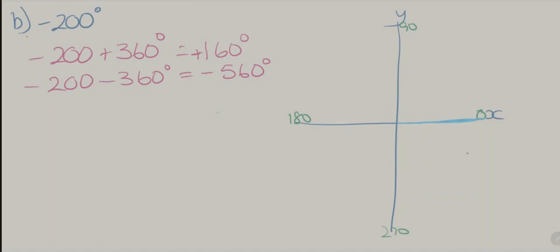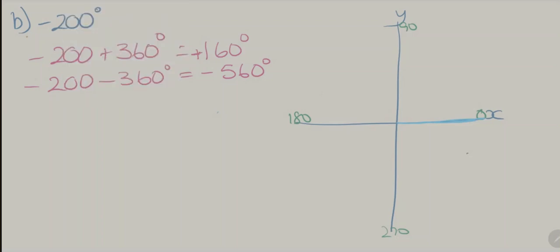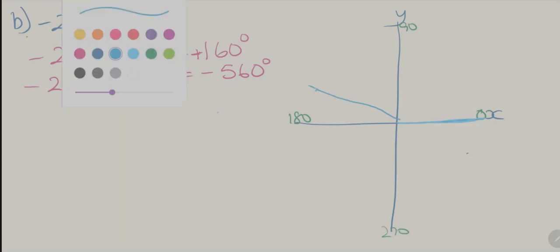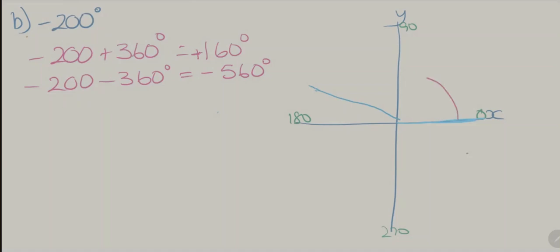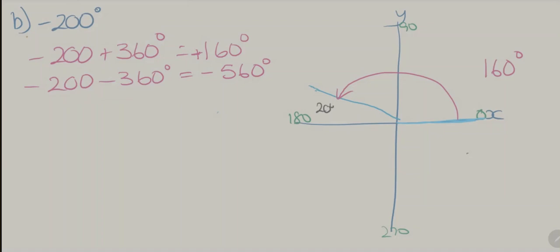So that's going to be 20 degrees short. So let's say we think it's about there. So 160 is going to go all the way around. So that's positive, 160 degrees is positive, so counterclockwise. And we think this angle here is 20 degrees.